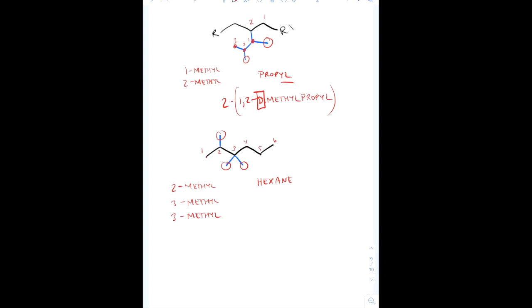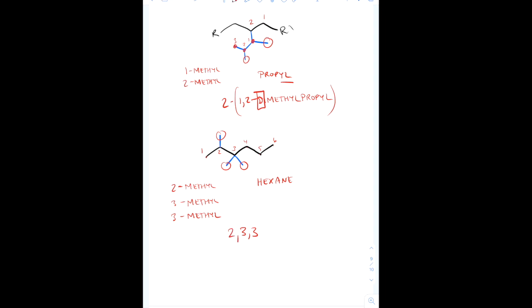Okay, and the point that I wanted to make here is that we don't just say 3-dimethyl. It's important that we indicate there are 2 methyls on that 3, and the way we do that is by saying we have a 3, 3.